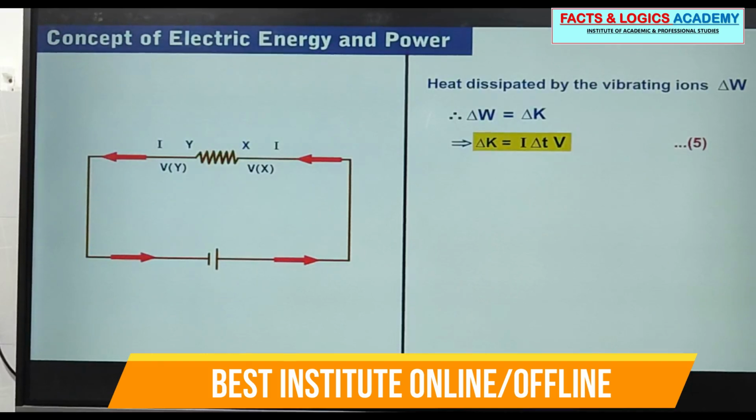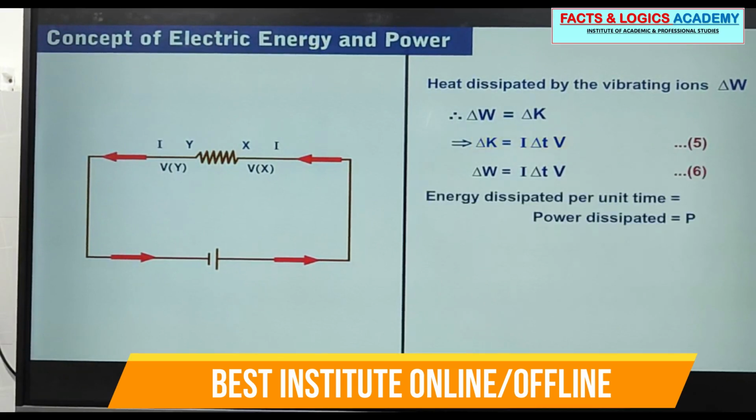From equation 5, we can say that the amount of energy dissipated is expressed as delta W is equal to I delta t V, as equation 6. The energy dissipated per unit time is termed as the power dissipated and is represented by P. Therefore, we can write P is equal to delta W by delta t.